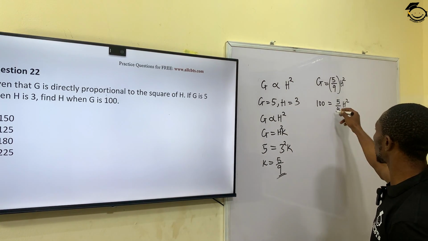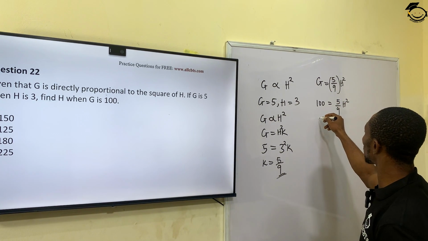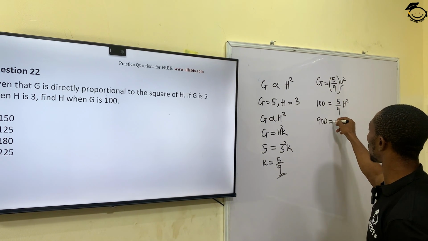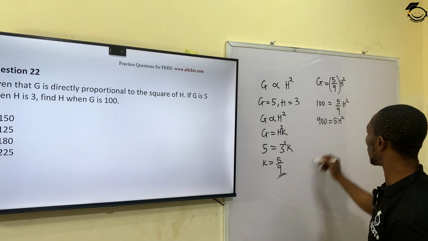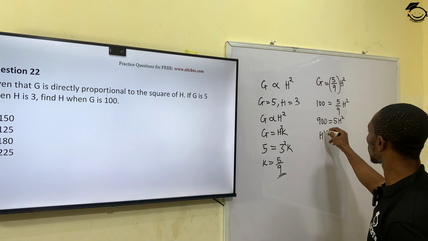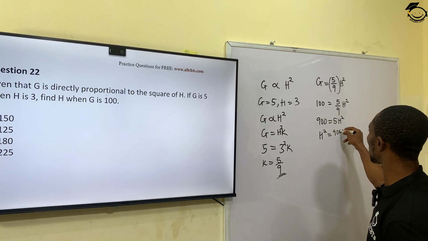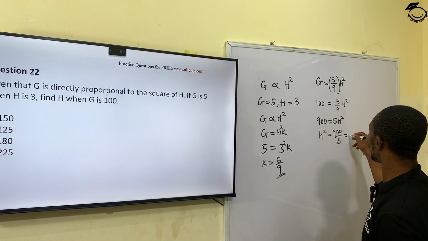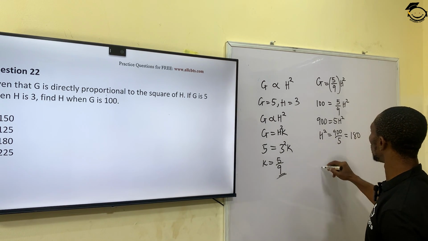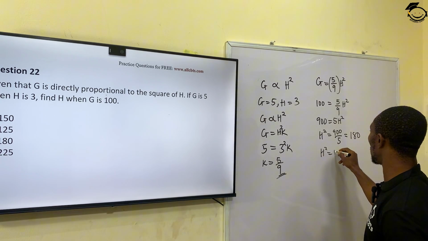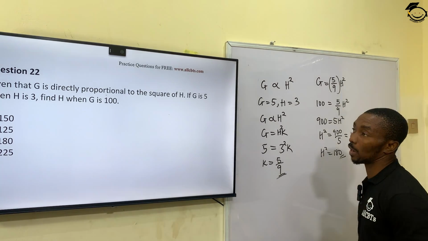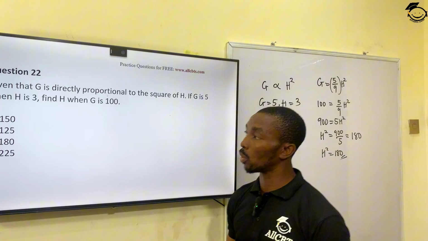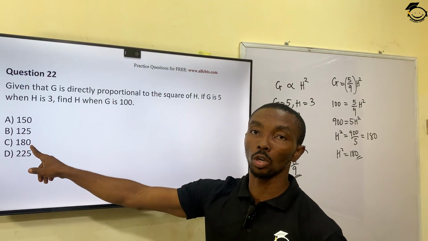Now, cross multiplying, this gives us 900 equals 5H squared. So our H squared equals 900 over 5, which gives us 180. So the value of our H squared will be 180, which is option C.